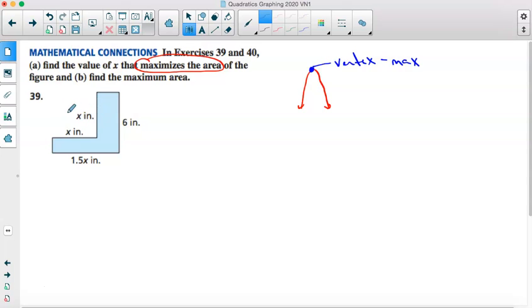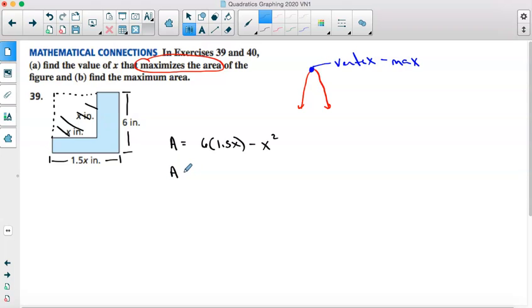I have 2 dimensions here that we don't know, x and x. You could do this a couple different ways. 1.5x is the entire length from here to there, and 6 inches is the entire length from here to here. If you visualize this as the entire piece, the total area would be 6 times 1.5 times x, and then take away this area here, which is a square, minus x squared.